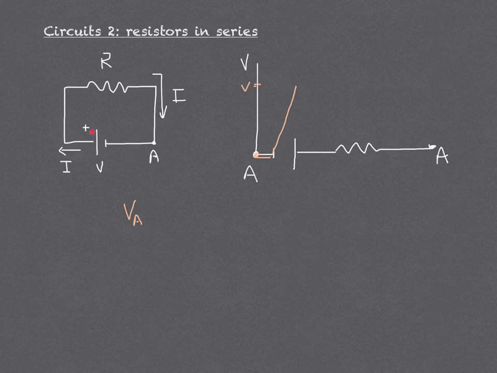Then as the current moves from the battery through the wire, there is not going to be any change until it hits the resistor. What the resistor does is it uses the energy. And what's unique about circuits is all of the energy will always be used.